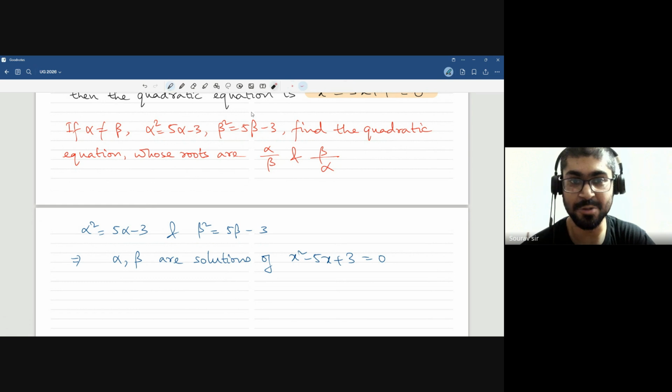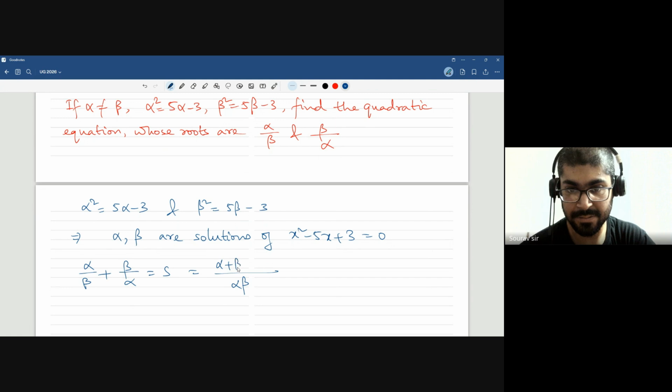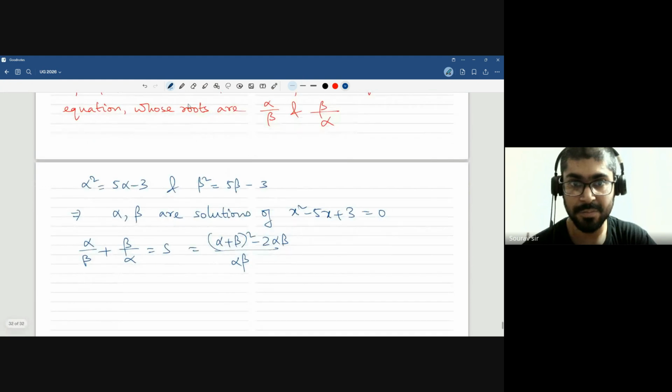Otherwise, how will you get these two relations? Now, alpha by beta plus beta by alpha is equal to S, which is alpha square plus beta square upon alpha beta. This is alpha plus beta whole square minus 2 alpha beta.